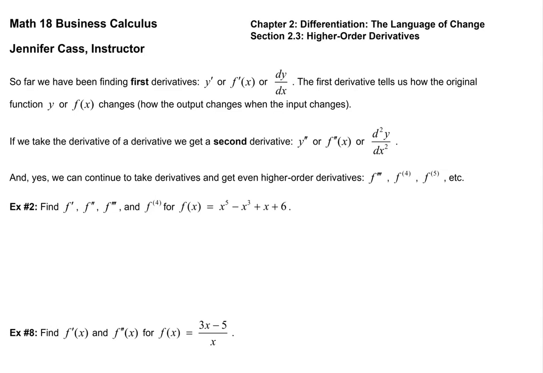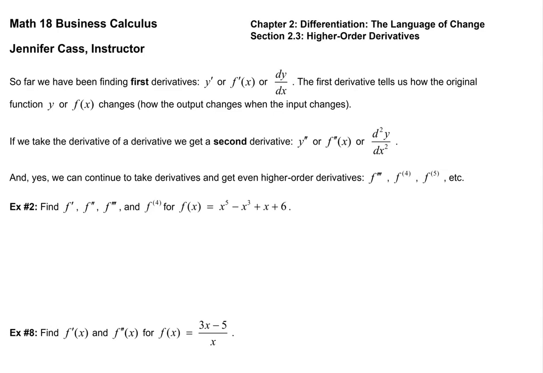Welcome. We'll start off the material for exam 2 with section 2.3, higher order derivatives. So far, we've been finding first derivatives, y prime, or f prime of x, or dy dx, all equivalent notations.